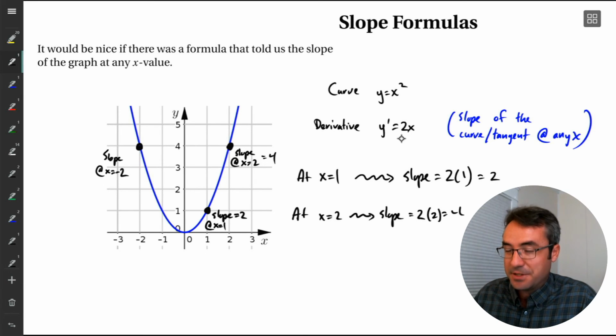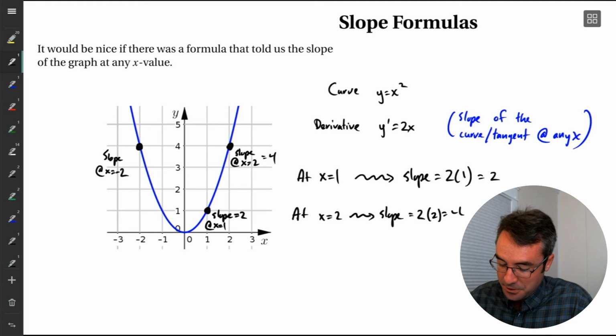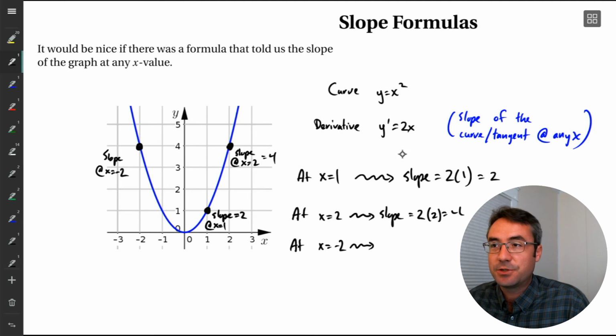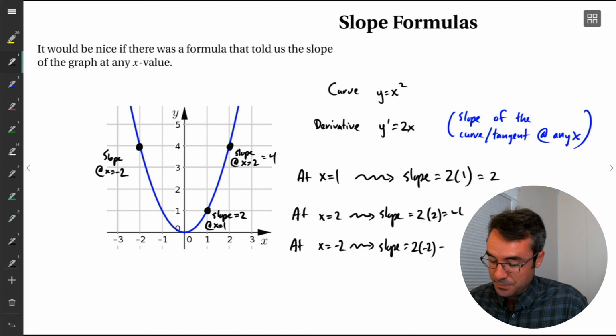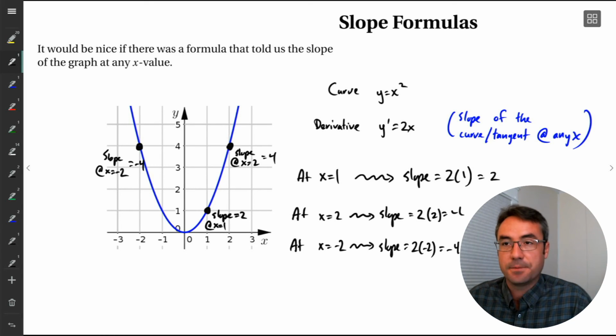But we know we have this nice derivative formula here. So what we're going to do is take that derivative formula, take the x value that we're interested in, and just plug it in. So -2, plug it into our derivative formula, and we get 2 times -2, 2 times x, which is -4. So the slope over here is -4.